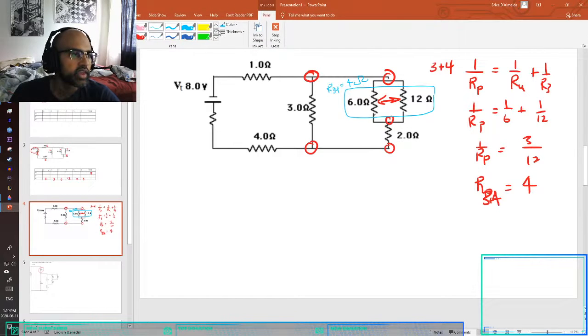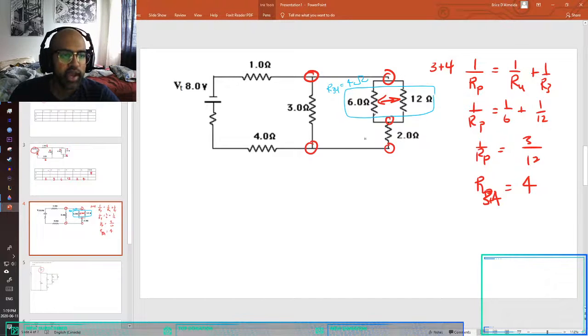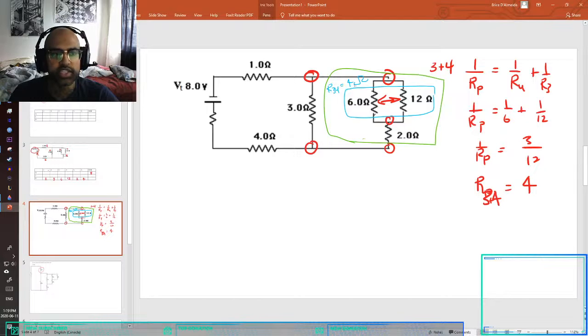A different color. I wonder if I have enough colors for all this. We'll give it a shot. Let's do green. I'm going to combine resistor 5 with 3 and 4. Since this is a 4 ohm resistor when we combine 6 and 12, resistor 34 is in series with resistor 5, so resistor 345 is equal to resistor 34 plus resistor 5.